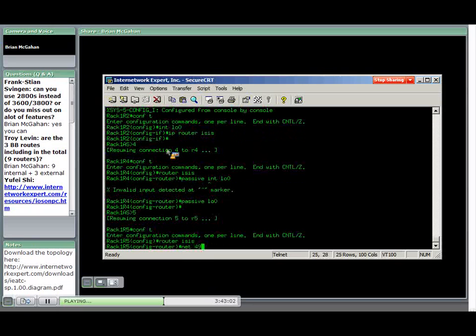Okay, so next let's go over to router 5. We'll define its IS-IS process and then enable adjacency with routers 4 and 6.